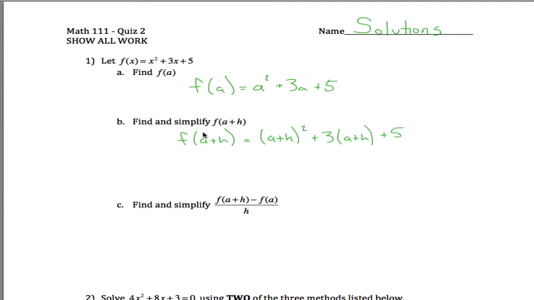It wants me to simplify it. So I should expand this out and get a squared plus 2ah plus h squared plus 3a plus 3h plus 5. Actually, I guess you could argue that's not any simpler.